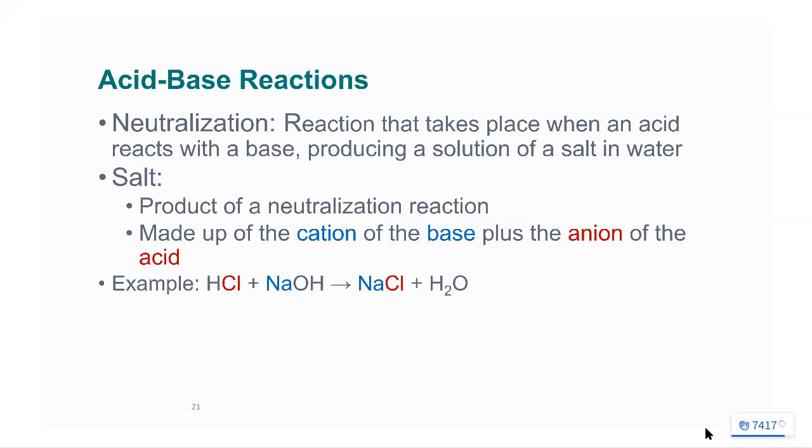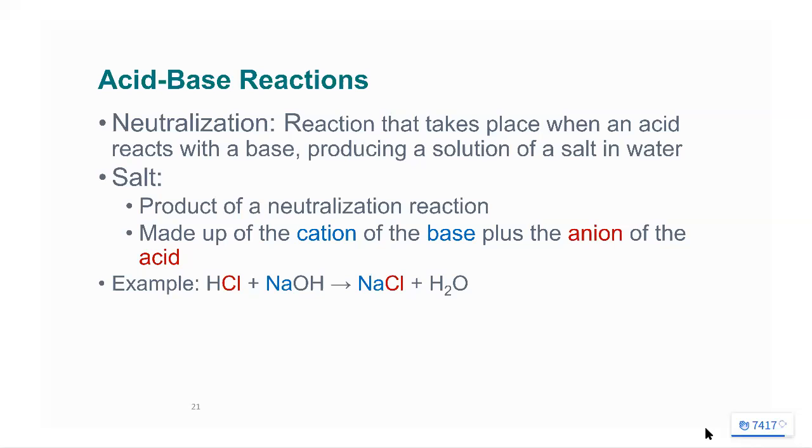But from a chemical reaction standpoint, I can usually determine an acid-base reaction because I can see an acid and a base based upon their chemical formula as the reactants, and water and some kind of ionic compound as the products.